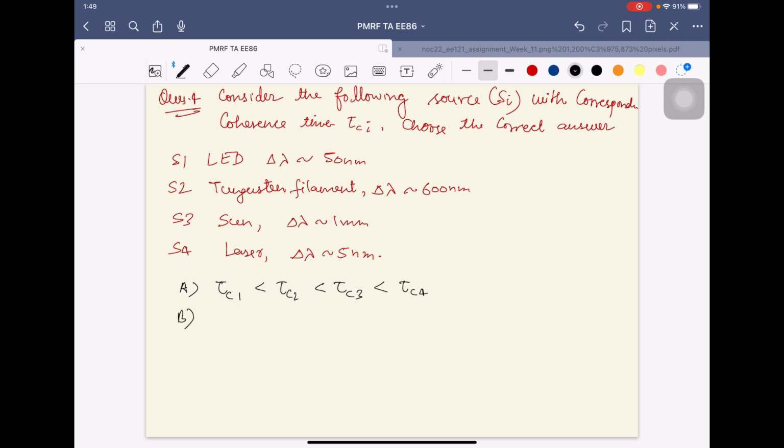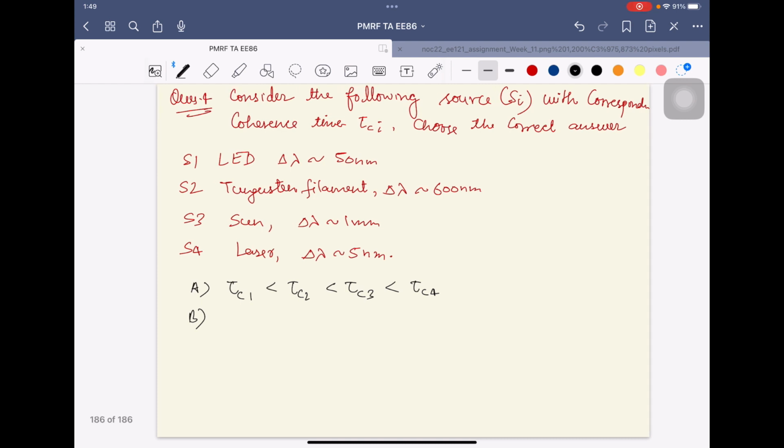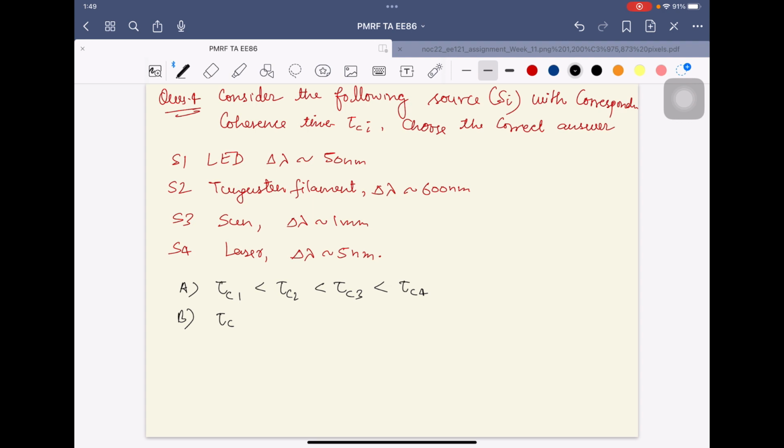Option B is tau c4 is less than tau c1 is less than tau c2 is less than tau c3.